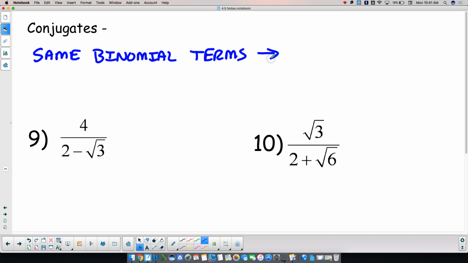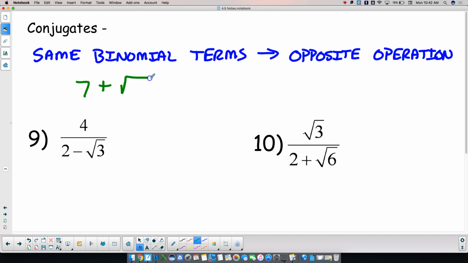What I do, though, is I go to the opposite operation. So, if my binomial terms were 7 plus the square root of 2, the conjugate would be 7 minus the square root of 2.